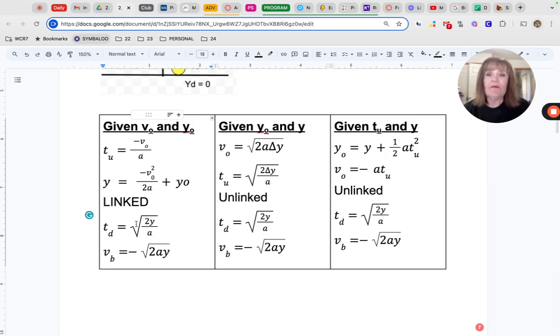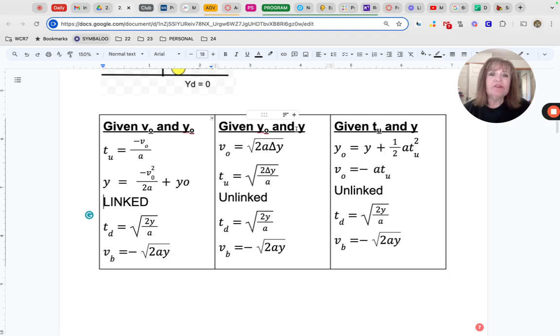Because we don't have any of our down variables available to us, we would literally have to put this equation into this equation and simplify it. And that's just really messy. So we're not going to do it. We're going to have a linked situation, and that's okay.